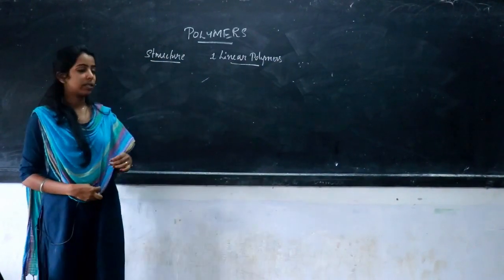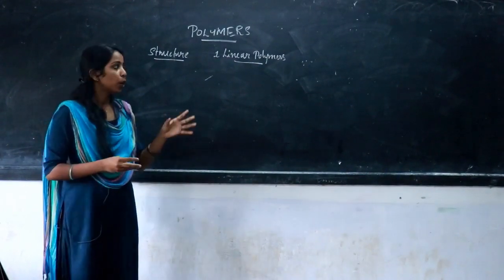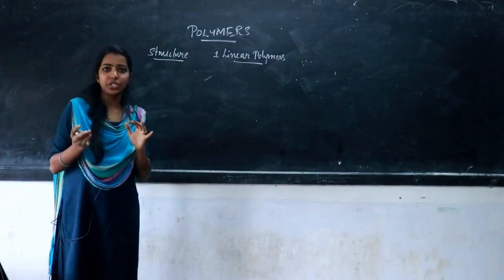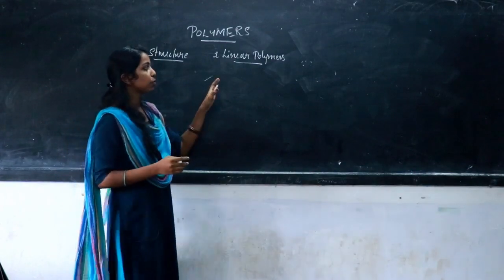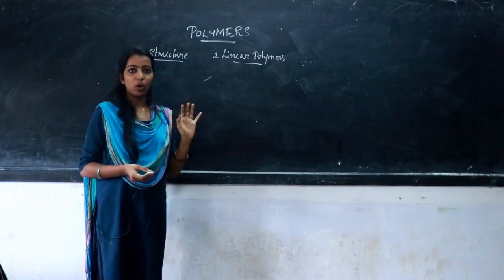The monomeric chains join together to form a long straight chain, and such polymers are called linear polymers.